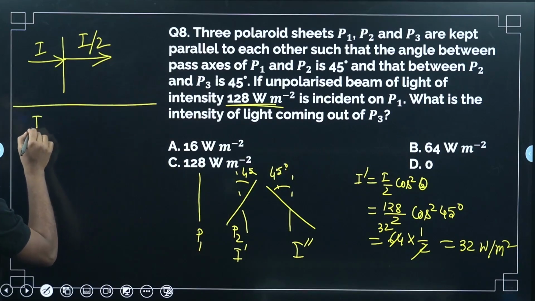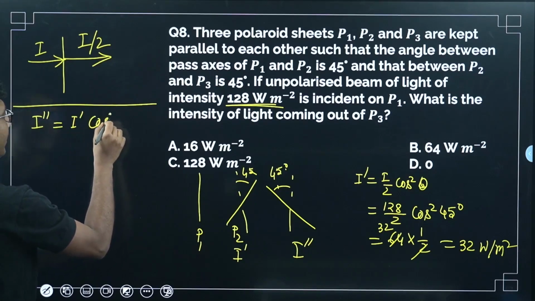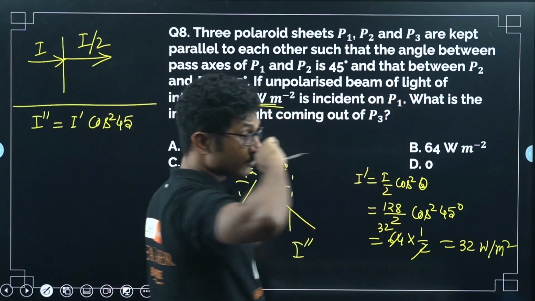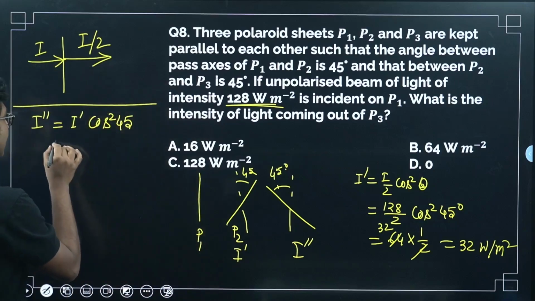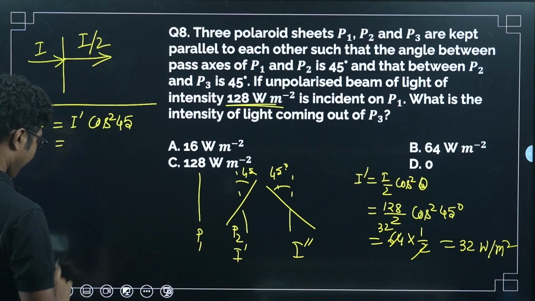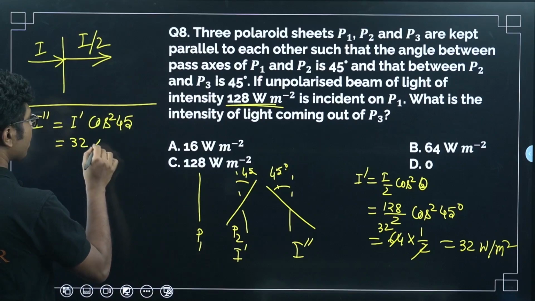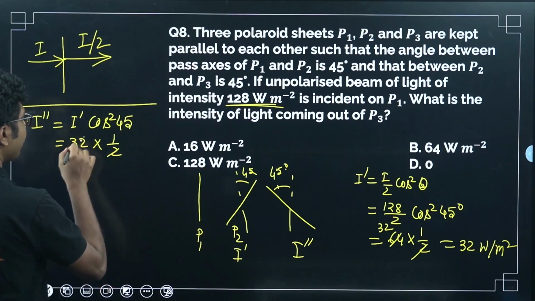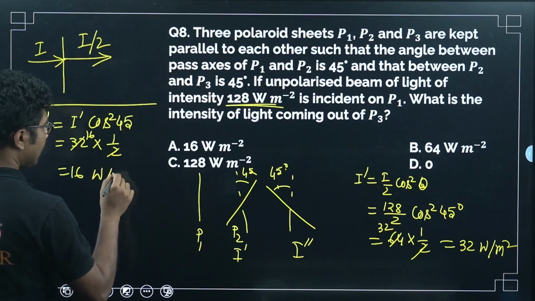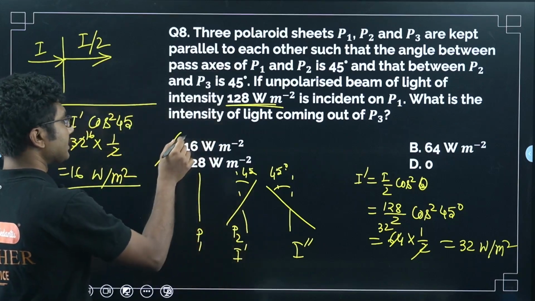Final intensity I double dash is I dash cos square 45 degrees, again another cos square 45 degrees because the angle between the next two is also 45 degrees. So I dash is 32, times cos square 45 degrees, which we have already said is half, so it will be 16. So the final intensity of the light coming out is 16 watt per meter square.